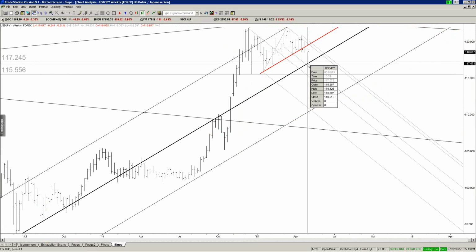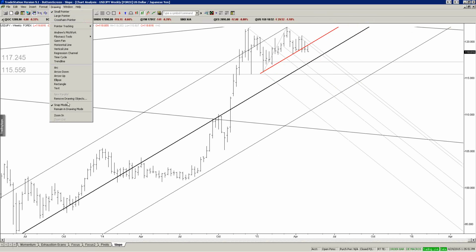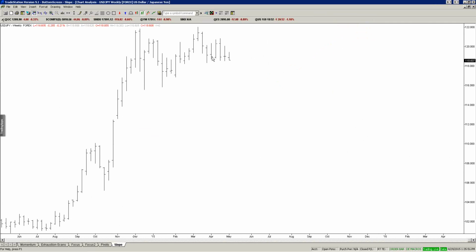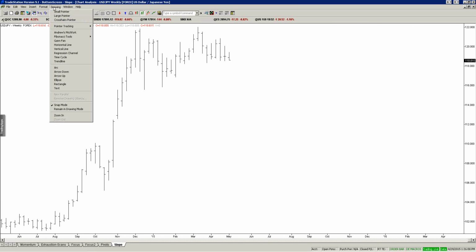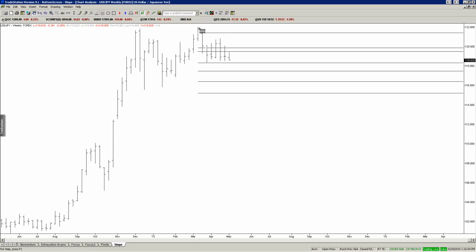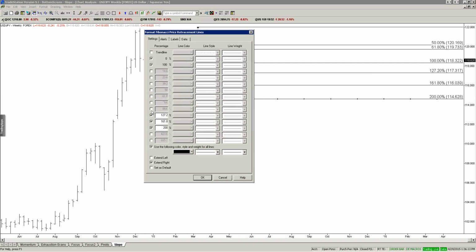What I do want to get across, though, is that you've got a head and shoulders top possible that could very well break right now. And if we do, the target for that is all the way down at 114.60. Okay, so that's a ways away, obviously.